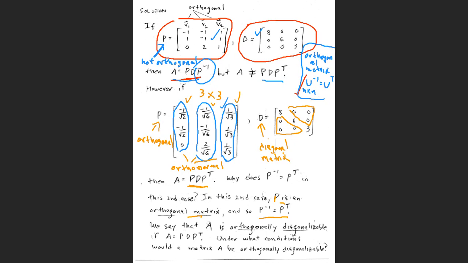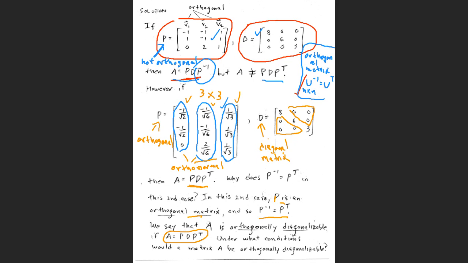So we like that. And symmetric matrices, any symmetric matrix A can be orthogonally diagonalizable. In other words, if it's a symmetric matrix, then an orthogonal matrix P and a diagonal matrix D will exist such that A equals P times D times P transpose.